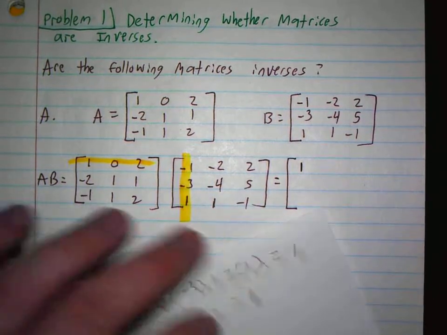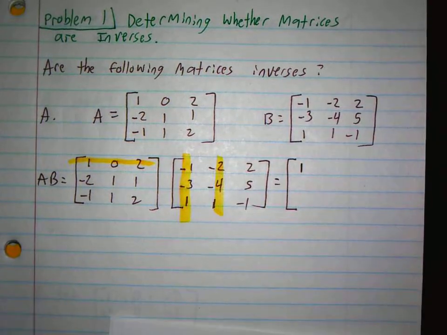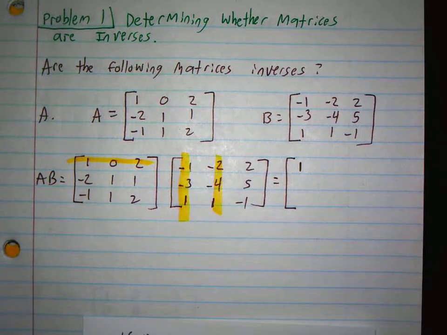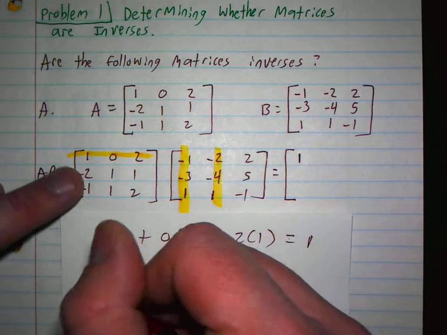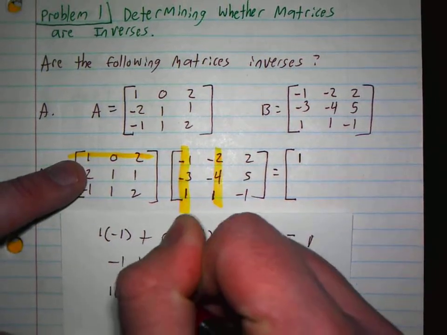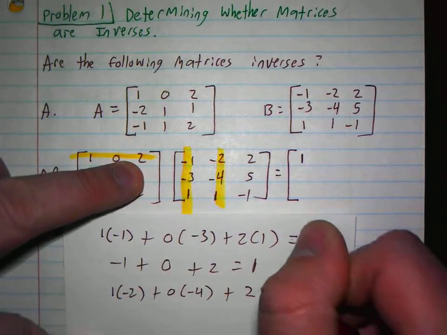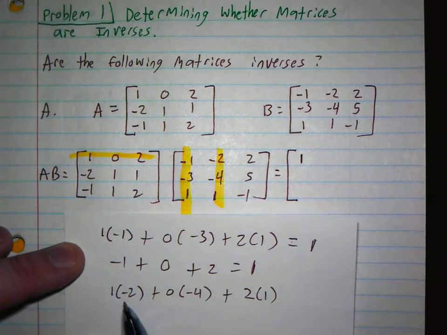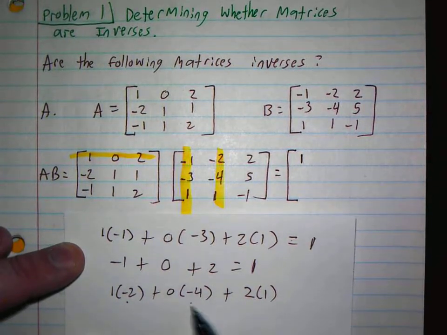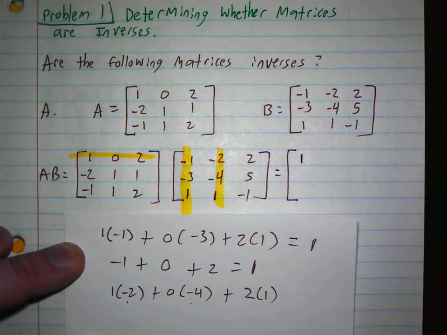So I'm going to take that row times the second column. Okay? So 1 times -2 plus 0 times -4 plus 2 times 1. That's -2, that's 0, that's 2. -2 plus 0 plus 2 is 0, right?